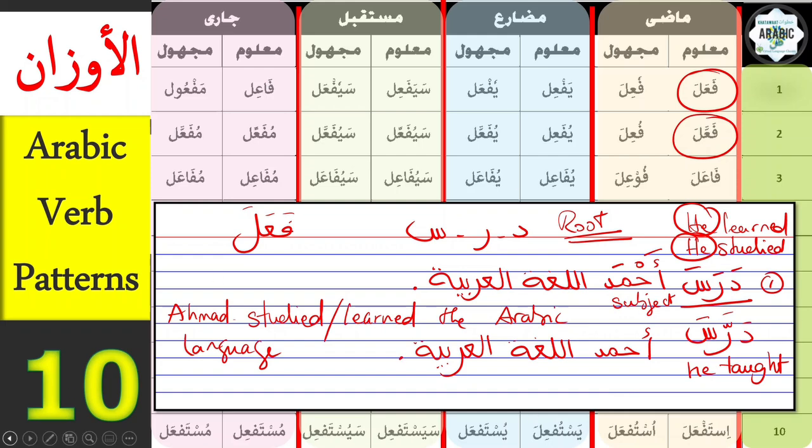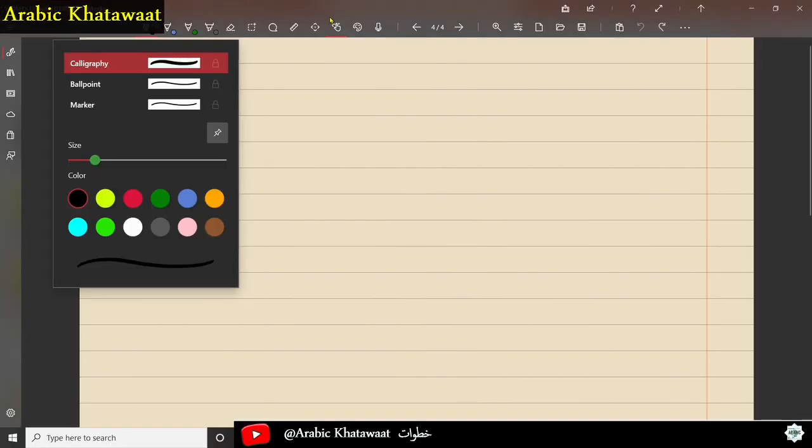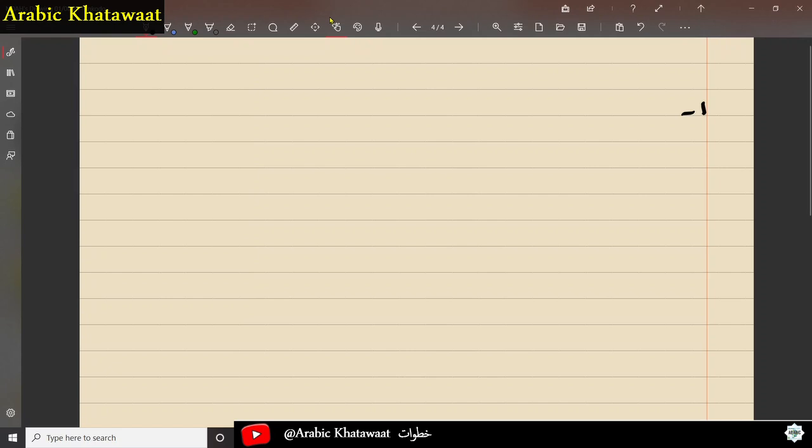And here let's look at it on paper, how we are going to organize the sentences. That way you can look at these examples using 3 different forms. So I'm going to write the 3 sentences with 3 different verbs. The first one is darasa. The second one is darrasa. And then the third one is durrisa.